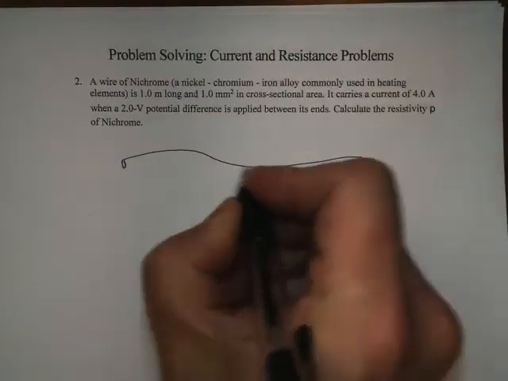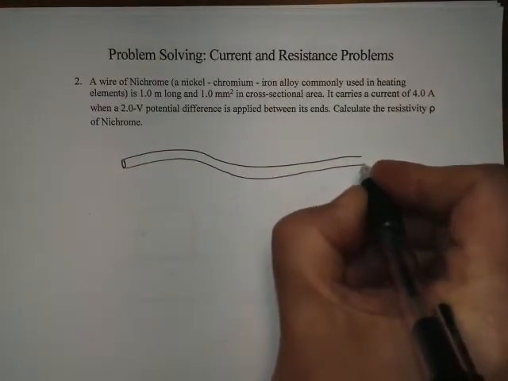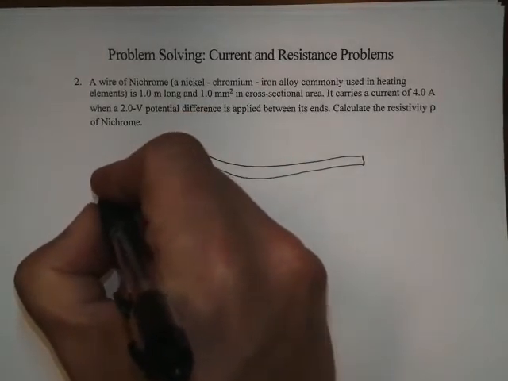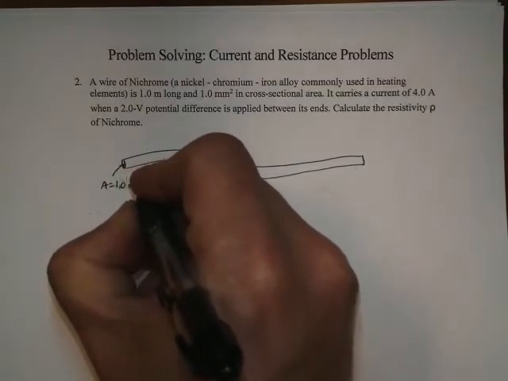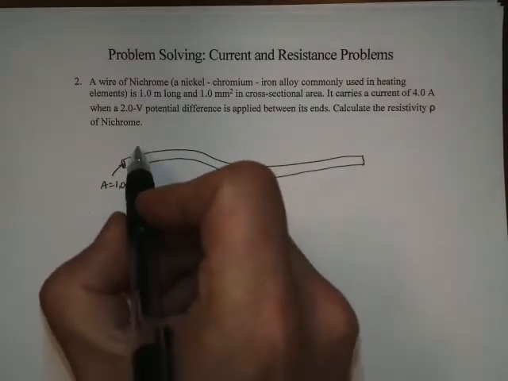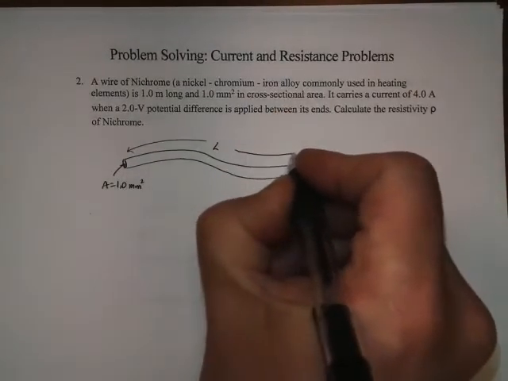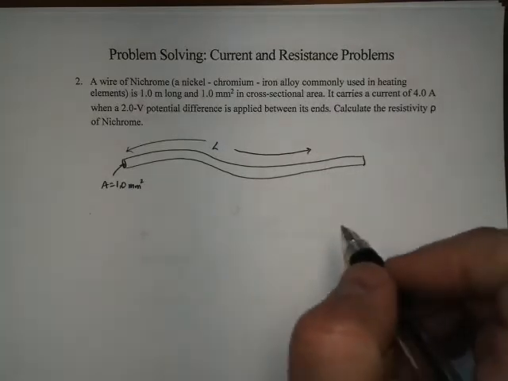So if we have some wire, again, this sketch is not to scale, but we know the cross-sectional area here is 1 square millimeter. The length of this wire is 1 meter.